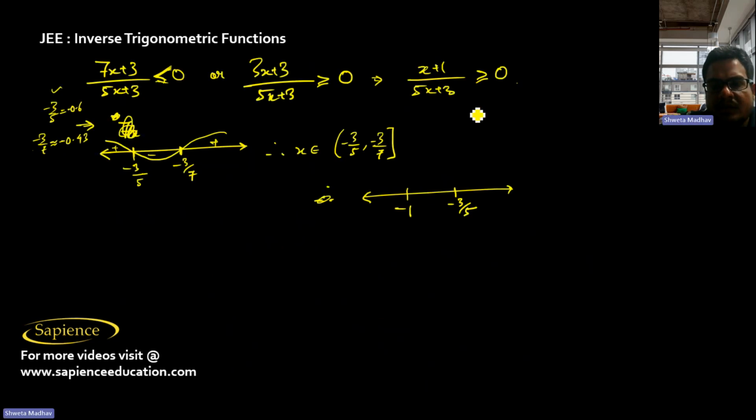We need only the positive value. If I take the value 0 here, this will become 1 by 3, which is greater than 0. So this part is positive, this part is negative, this part is positive. Therefore we need only the positive part.